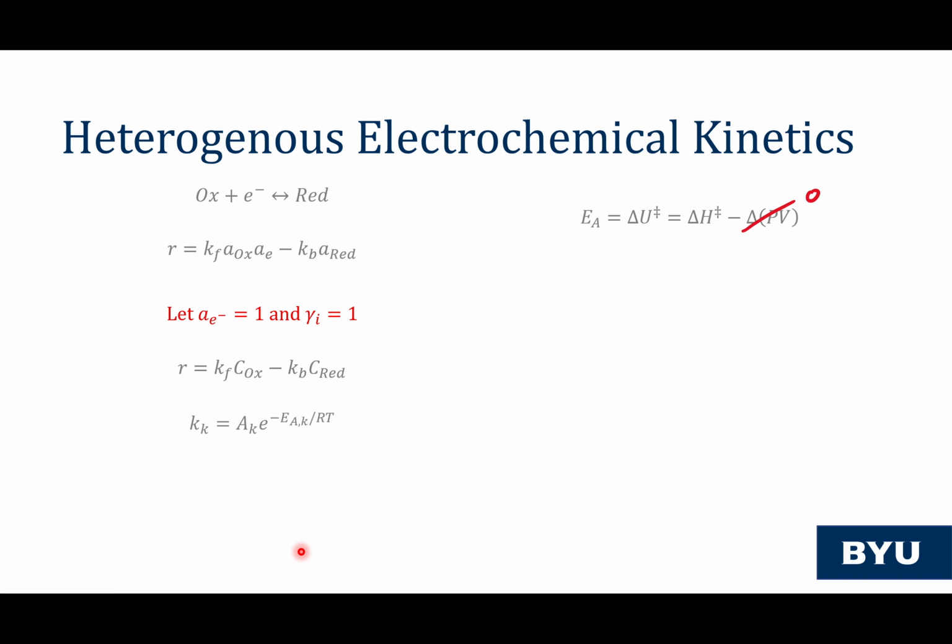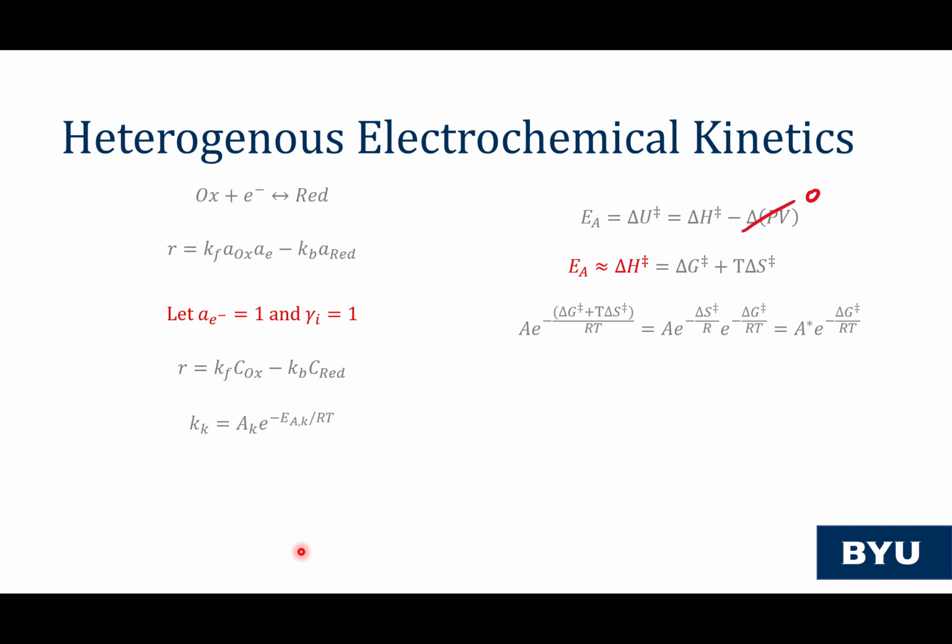But we're going to assume that the PV work is equal to 0, or there's no change in pressure, no change in volume. That allows us to say that the energy of activation is approximately equal to the change in enthalpy to the transition state, which is then equal to the change in Gibbs free energy plus temperature times the change in entropy.